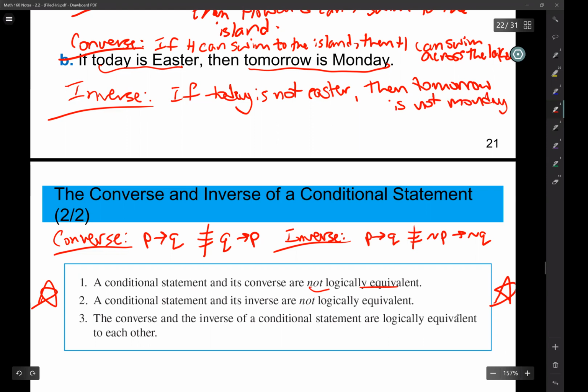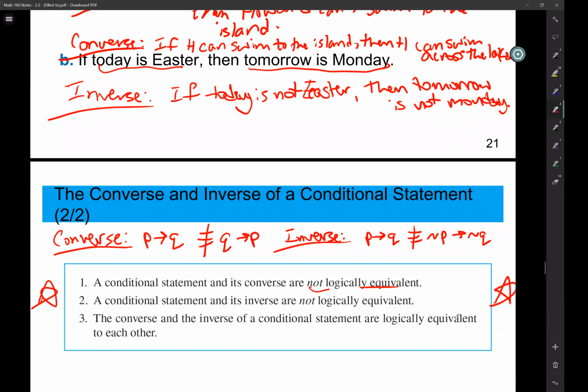That's not true. There's lots of days that are not Easter. For instance, I'm recording this on September 3. Today is not Easter, but tomorrow is not Monday. Today it's Thursday, and tomorrow's Friday. So this shows you that this statement is not true overall.